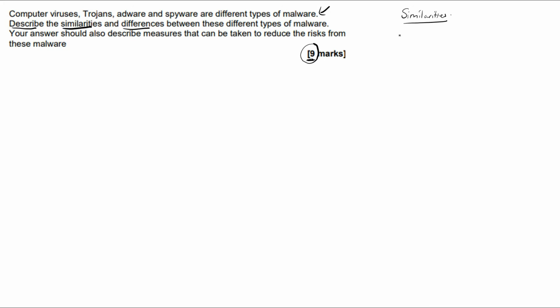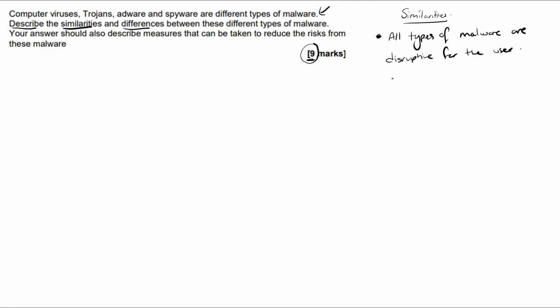So the similarities between all of them is that all types of malware are disruptive for the user, and that is a similarity between all of them.